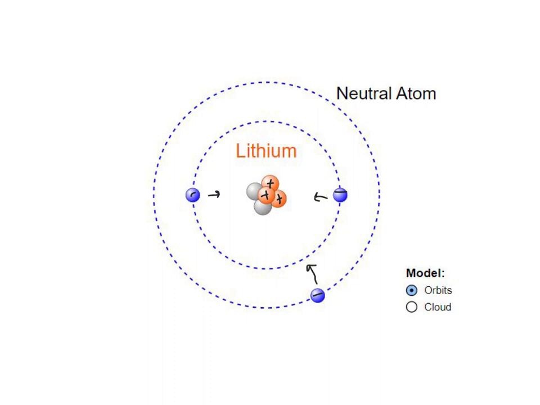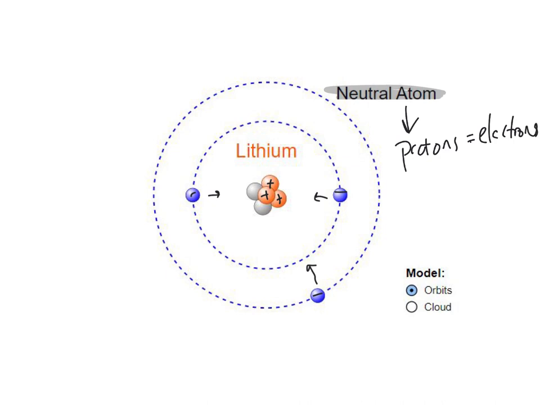Now, when we have an atom, you can see right here this is labeled as a neutral atom. It's going to be important that we're able to keep track of how much positive charge and negative charge there is in the atom, how many protons and electrons there are, because a neutral atom means that we have the same number of protons and electrons in that atom, right?